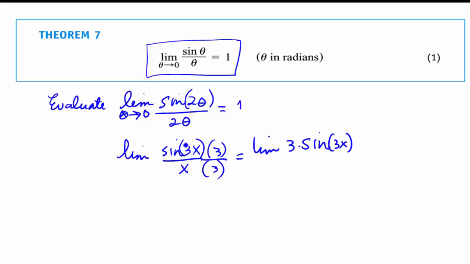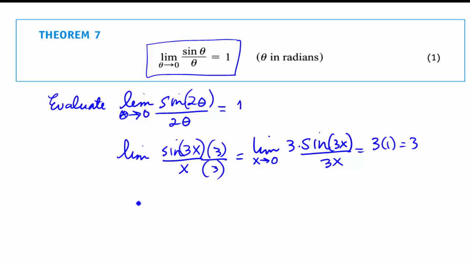Remember, you can multiply this into the argument of sine, x divided by 3x. This, of course, you can do because those are just algebraic terms. Now we take the limit as x approaches 0, and that's just equal to 3 times the limit of this ratio, which is 3 times 1, therefore it's equal to 3.